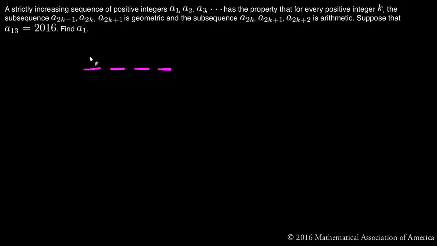If I start, let's say, at 1, from term 1 to 3, this has to form a geometric sequence. So let's just say I'm going to use the geometric sequence multiplying by 2. It has to be strictly increasing, so it would be 1, 2, 4.